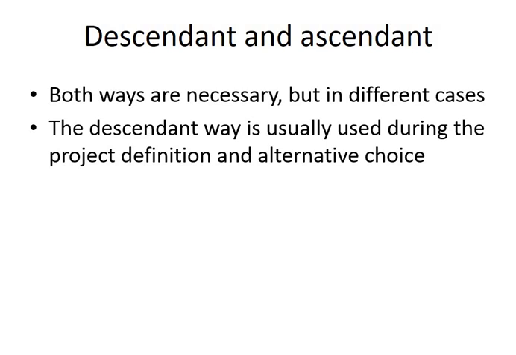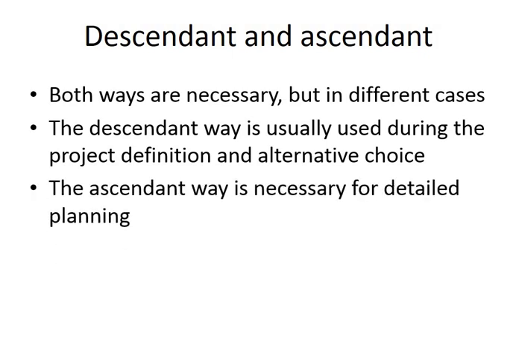Usually, we use the first technique, Descendant, from up to the bottom, when we need to actually decide on the project whether to execute it, whether to plan it further or not, when we need to choose between different projects and we need this estimation in terms of money to be able to say which one is better or which one we can afford and so on.